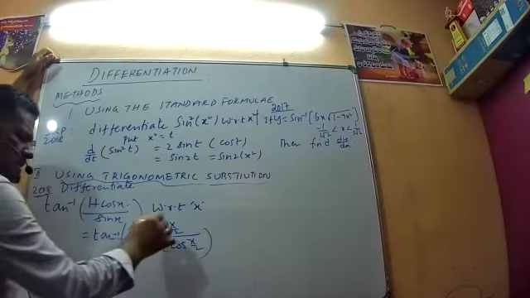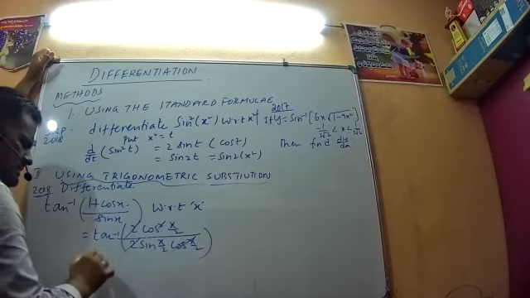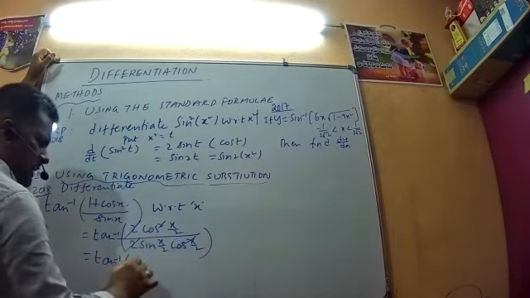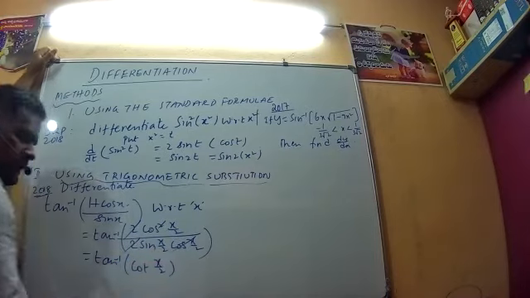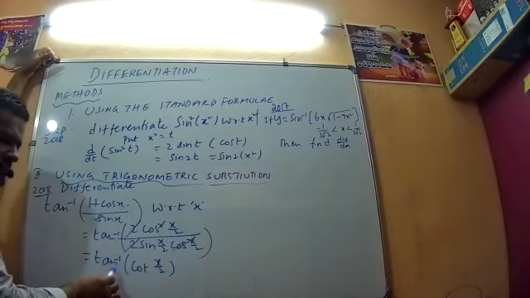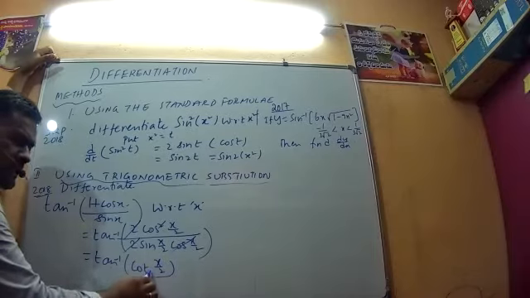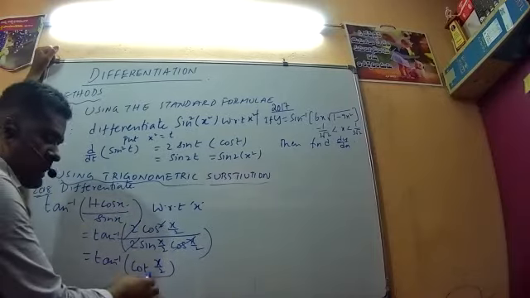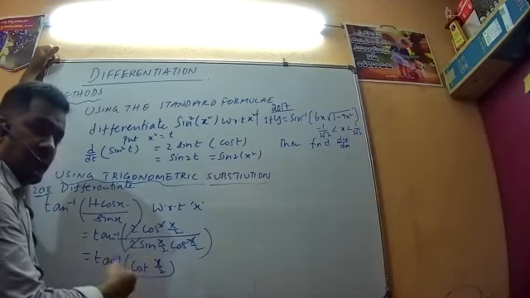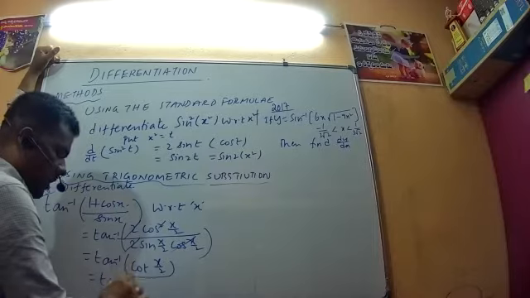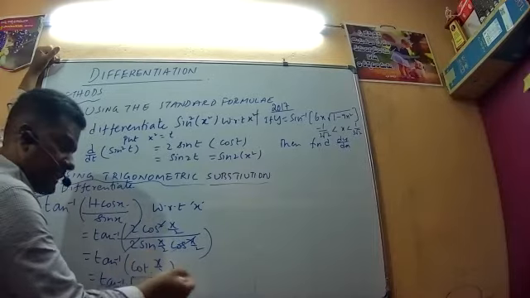Here 2 got cancelled, cos x by 2 got cancelled. So this will become tan inverse of cos by sin, which is cot x by 2. Whenever tan inverse is there outside, we need to make sure that the term inside should be converted in terms of tan. How should cot be converted in terms of tan? Cot theta can be written as tan of 90 minus theta.